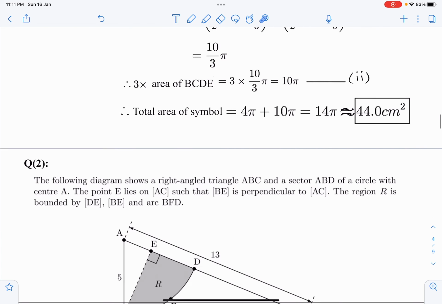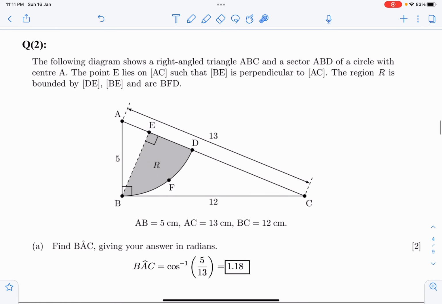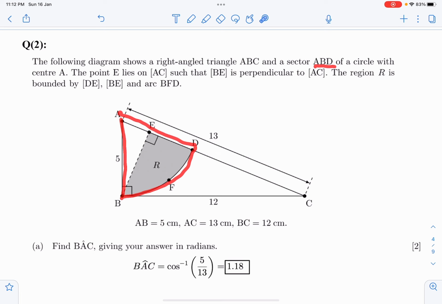Okay, let us go to question number 2. In this question, what is said? The following diagram shows a right angle triangle ABC. This triangle ABC is right angled, and a sector ABD. Look here, this is the sector ABD. This is a sector of a circle with center at A. This is the center. So it means this will be the radius, R will be 5 and this also will be 5.